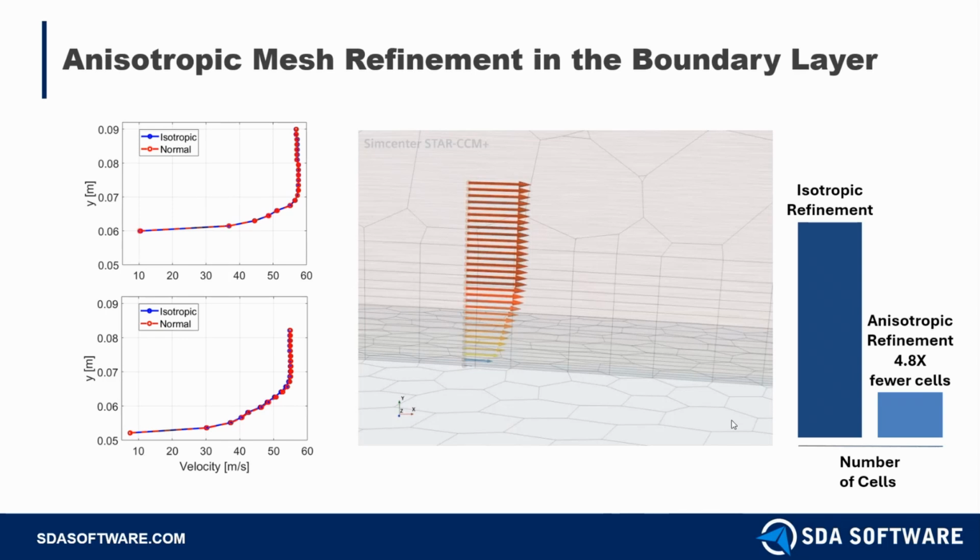We can see that the velocity profiles are identical between the isotropic option and the normal option, at both locations as well. But without trading off any accuracy, the anisotropic option actually contains 4.8 times fewer cells compared to the isotropic option. So the benefit of using the anisotropic option is very promising.